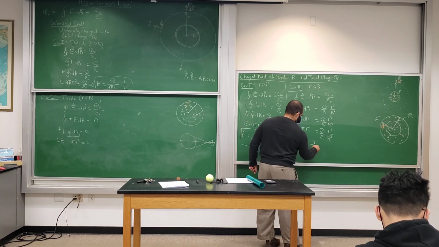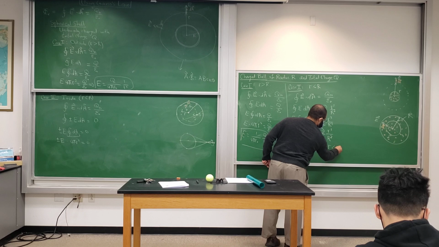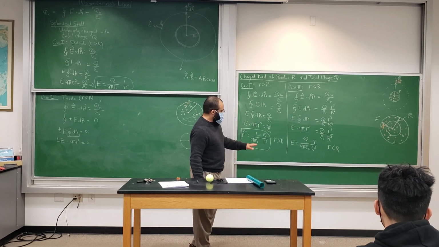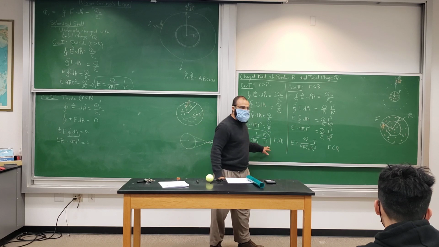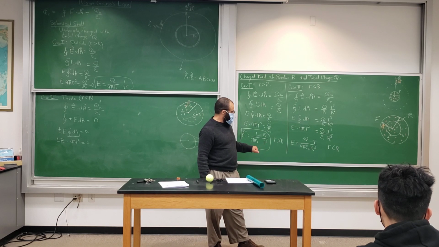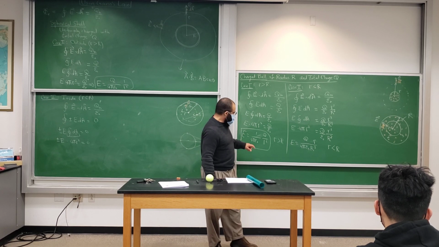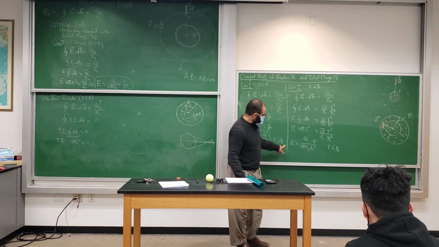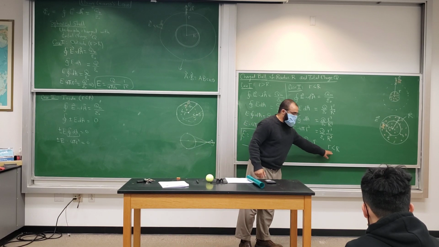So this formula is for the electric field less than capital R. Do they match with each other? No. So this one applies when r is greater than capital R, and this one applies when r is less than capital R.